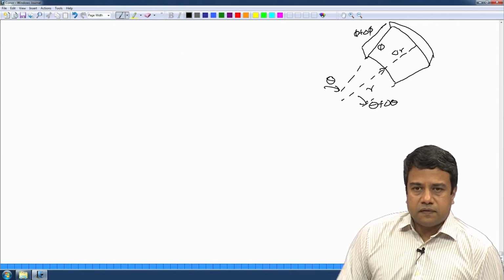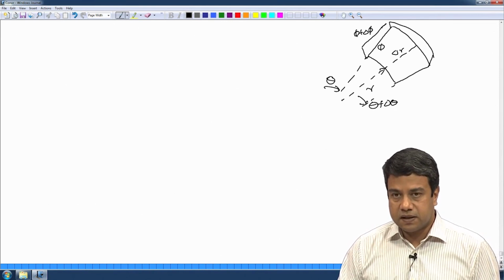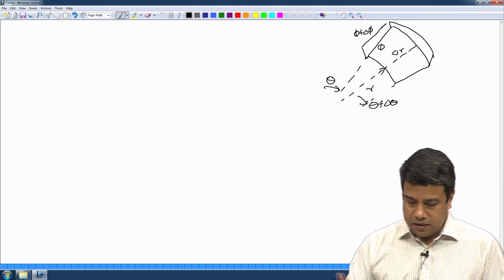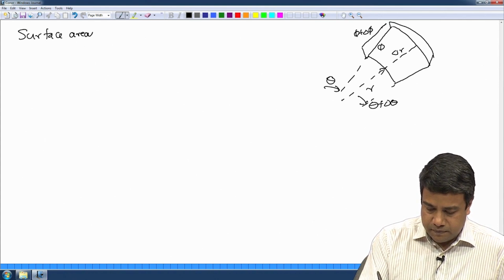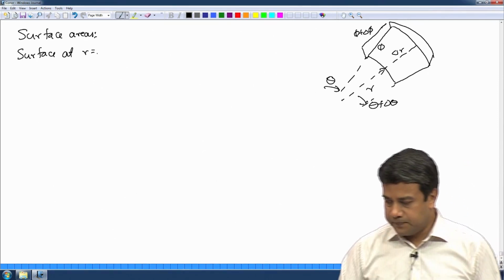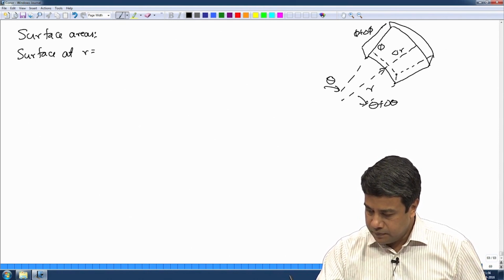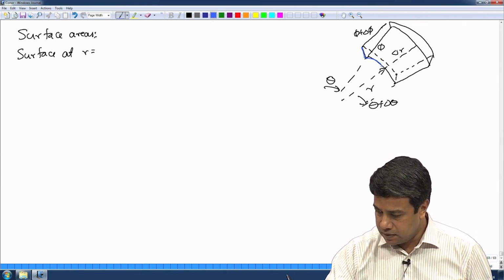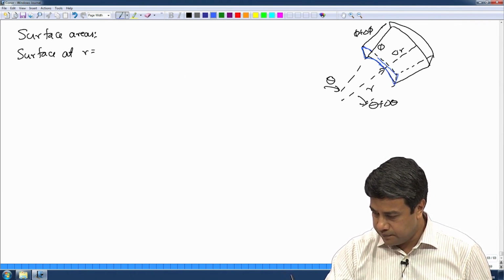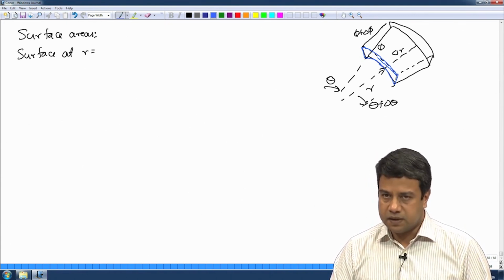And I have to write a flux balance for these, a mass balance, but first I have to identify the surface area of these surfaces. What are the surface areas? The surface at r is this surface here, perpendicular to the radial coordinate.